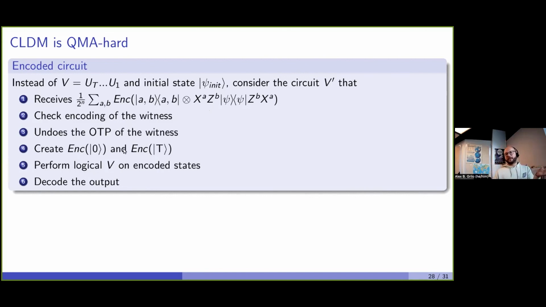Transversally, you apply Clifford gates, and non-transversally using T gadgets, you can compute T gates, for example. At the end of your circuit, you have the encoded version of the output, and V prime will decode it, and decide to accept if the decoded output is 1 or reject if the decoded output is 0.